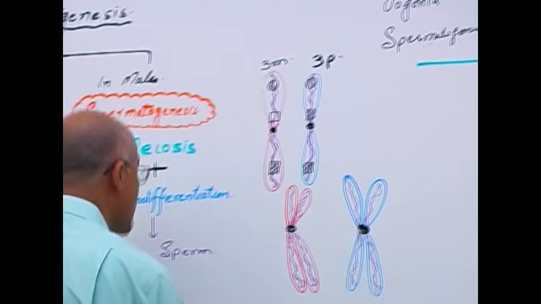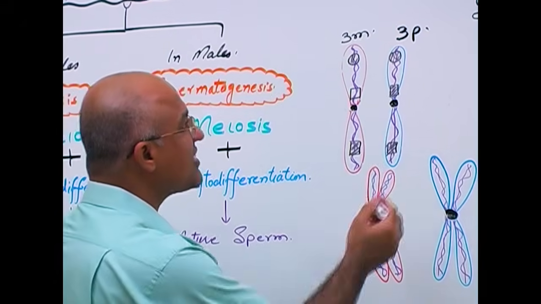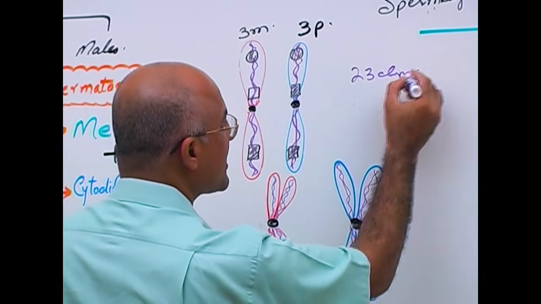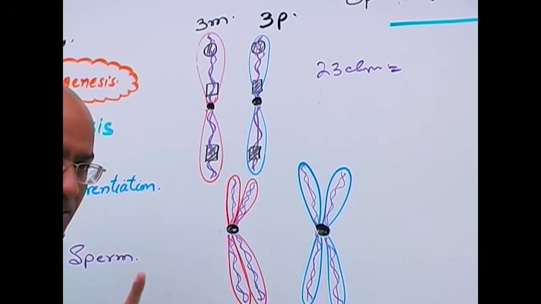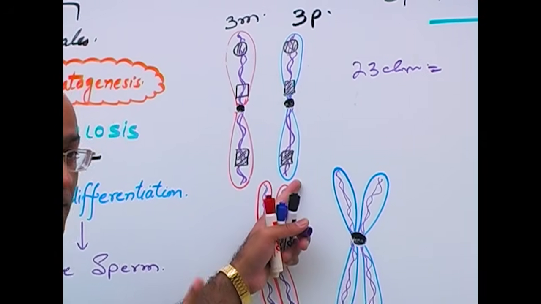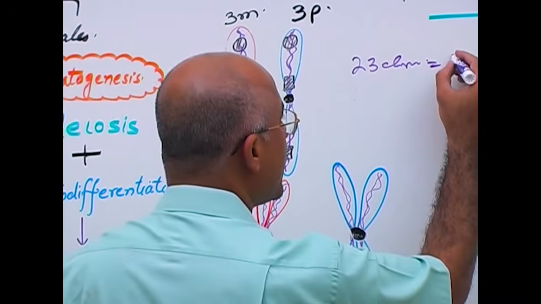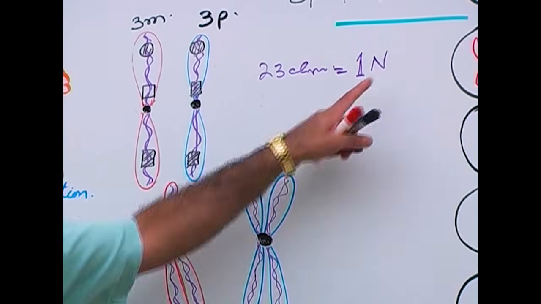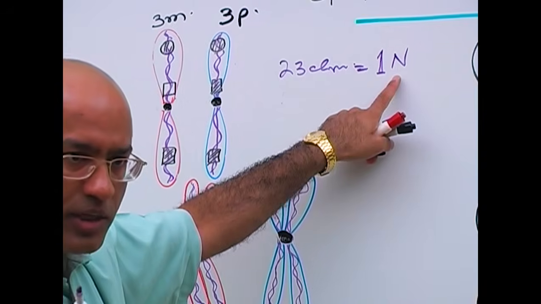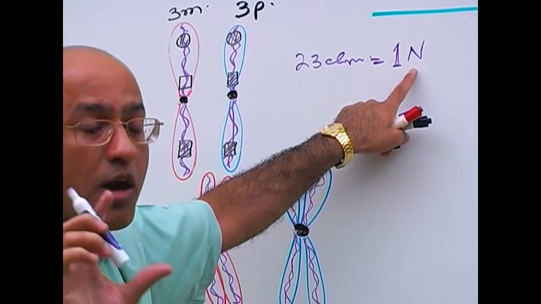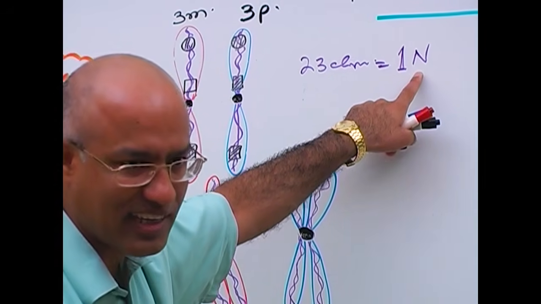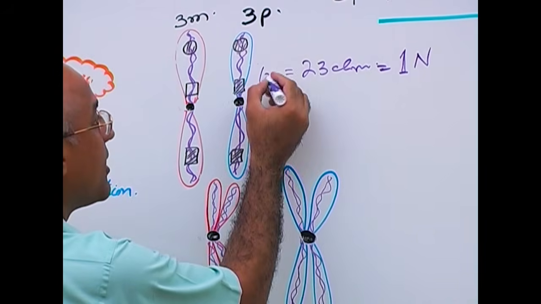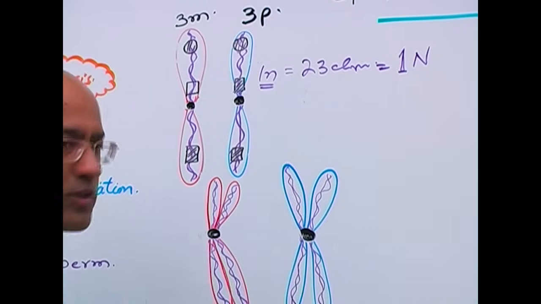If there are 23 chromosomes which are single structured, we say the amount of DNA is 1 capital N. Capital N is the notation used for the amount of DNA in a given cell. Small n is the notation used for the number of chromosomes.